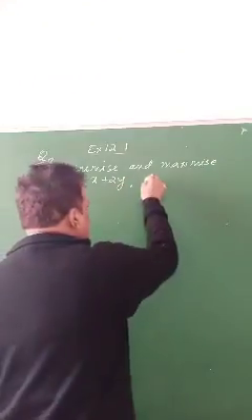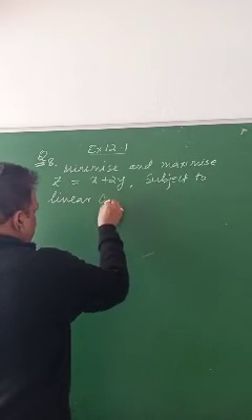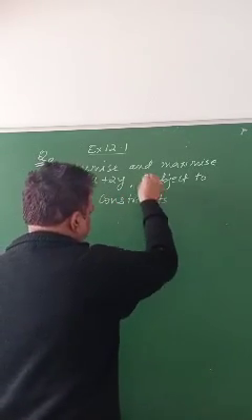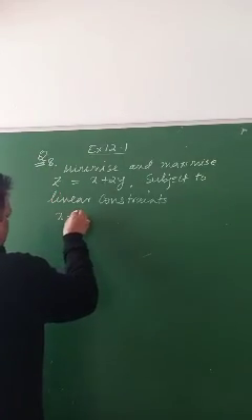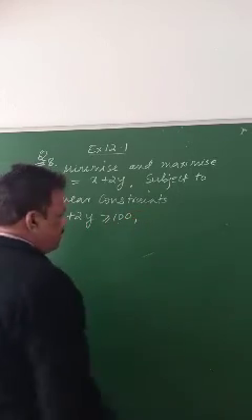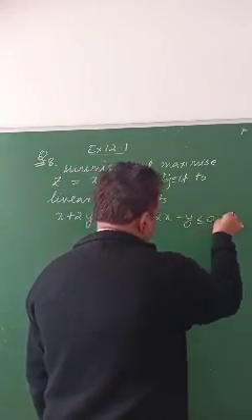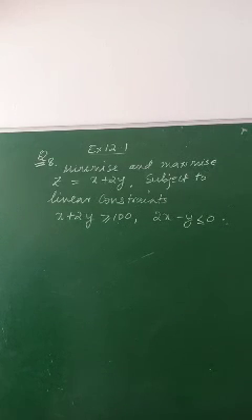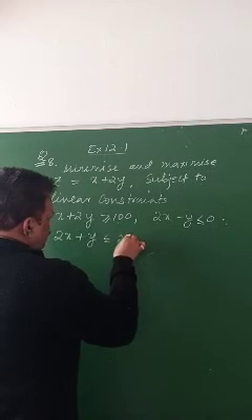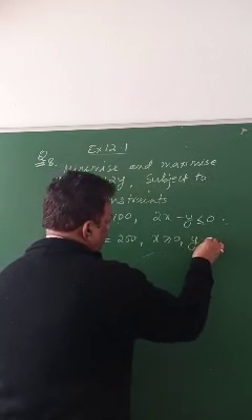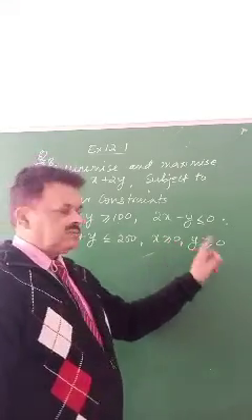Subject to linear constraints. What are those? x plus 2y greater than or equal to 100, 2x minus y less than or equal to 0, then 2x plus y less than 200, x greater than 0, y greater than 0.